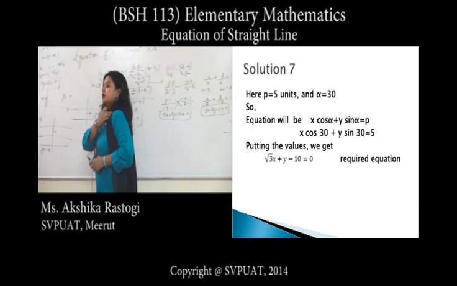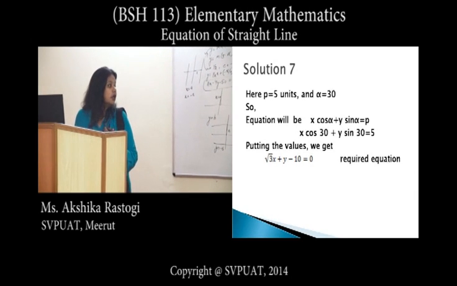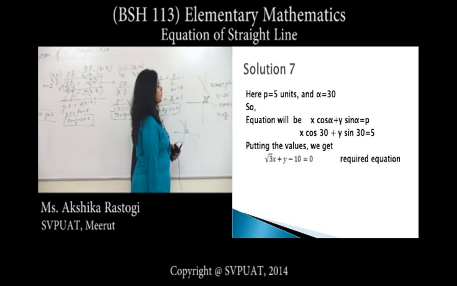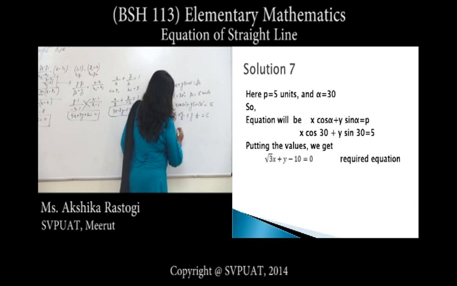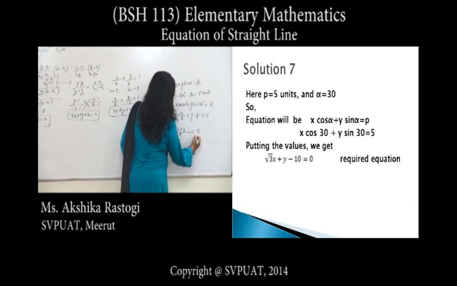So in such a kind of situation, what can we do? We can take the LCM, where denominator and numerator are given. So taking the LCM 2, this will be root 3x plus y equals 5.